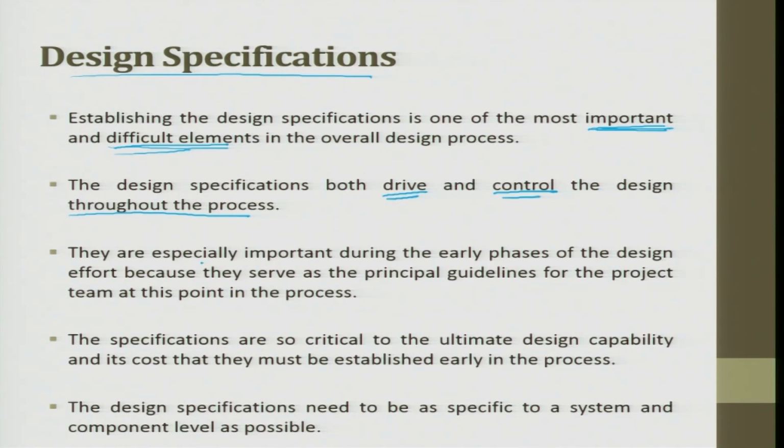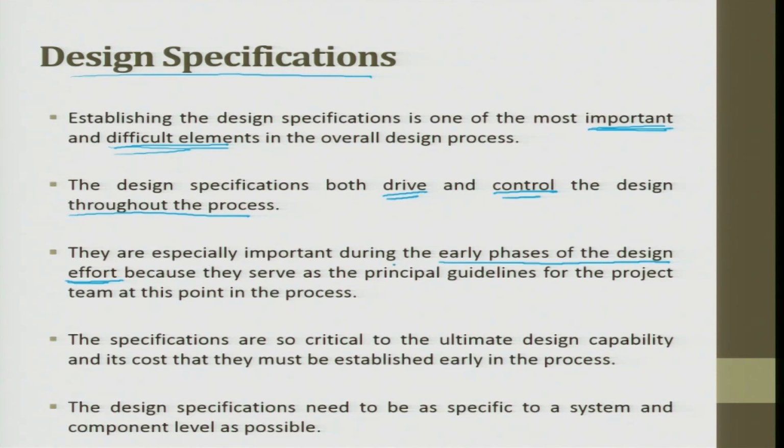They are especially important during the early phase of the design effort, because as you move towards the later stage of the product life cycle, money investment is going to be huge, time investment is going to be huge. So, it is better we take a call, do the corrections, and modify our design specifications at the early stage.